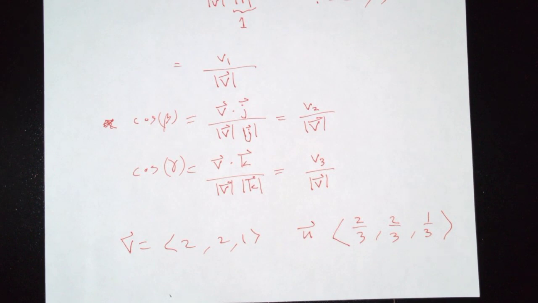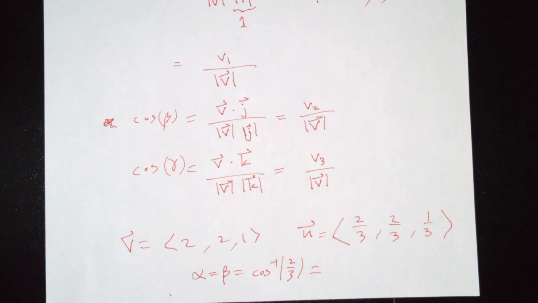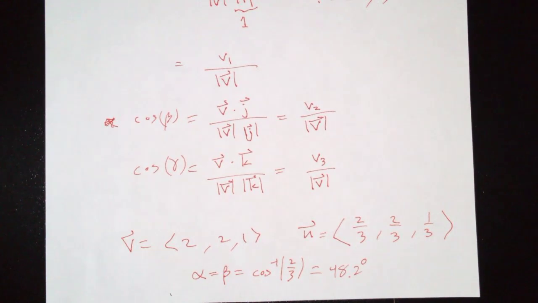Question, grab your calculator. What's the inverse cosine of 2/3? 48.2 degrees. There you go.